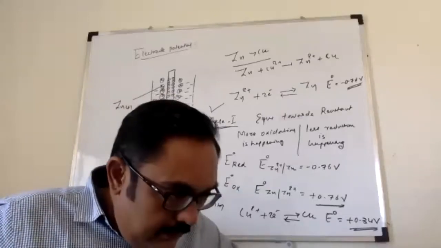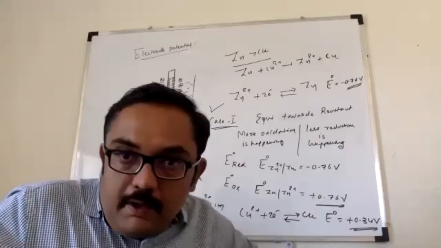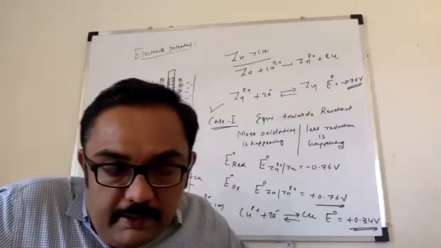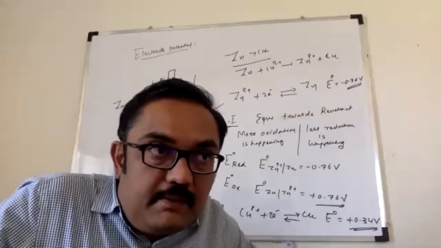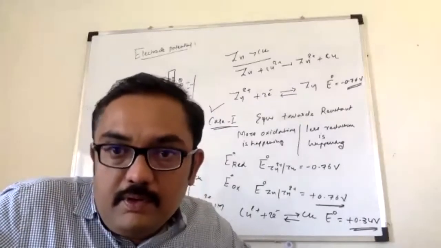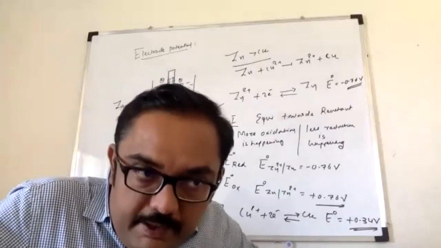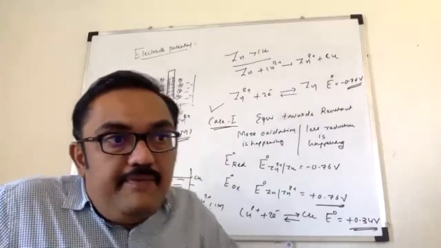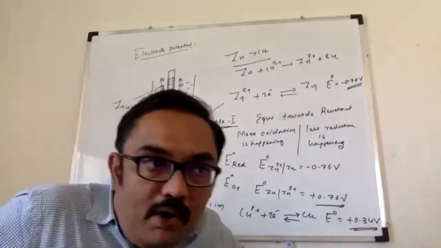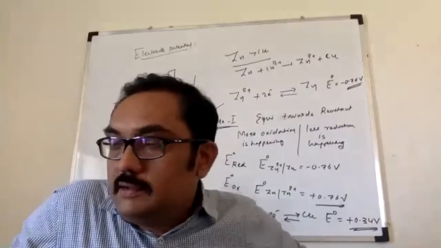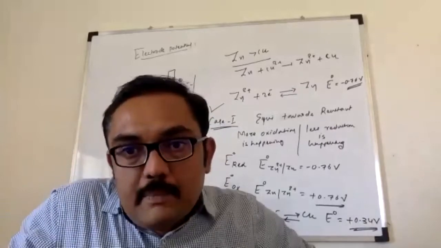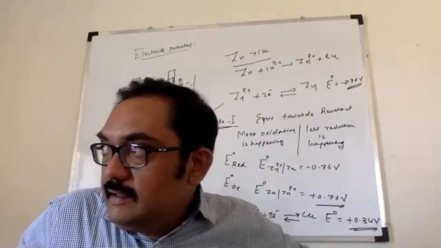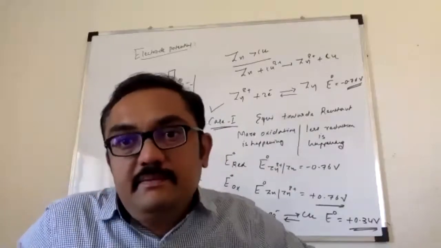It has more tendency to lose electron. More tendency to lose electron, in case of metal, we can use a term that the metal is more reactive, right? And if it has more tendency to lose electron, can I say it can act as a better reducing agent?